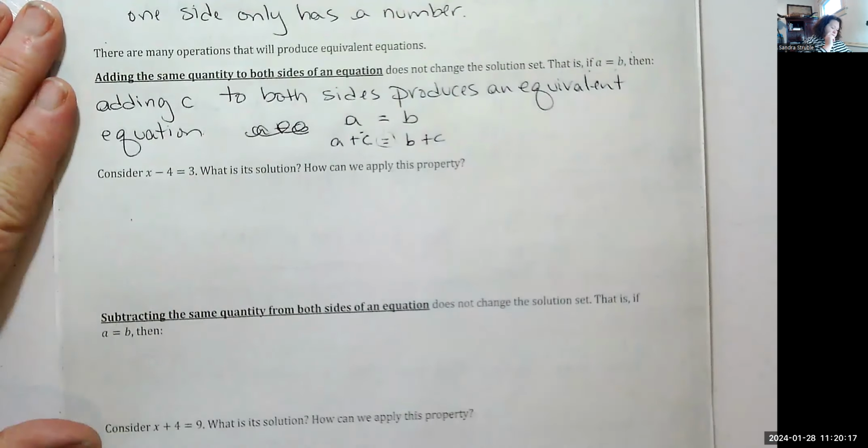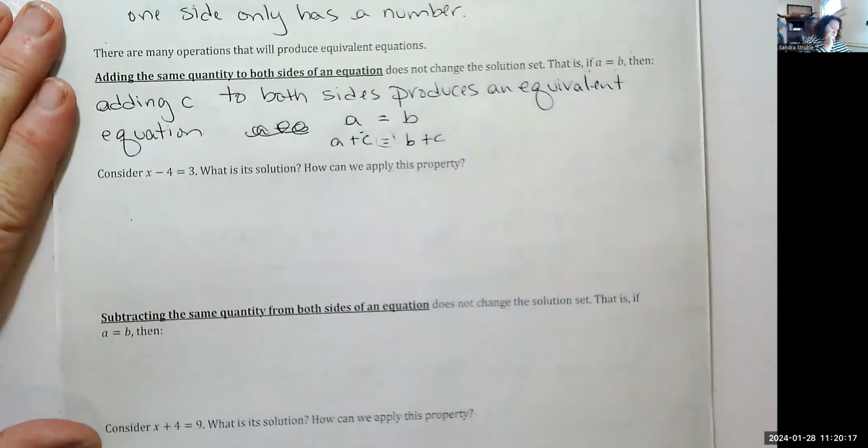Okay. In order to get x isolated all by its little lonesome on one side, we have to get that subtracted 4 away from the x. The only way to get rid of a 4 that's subtracted is to add 4. And when you do that, negative 4 plus 4 is 0. So that leaves me with just x on my left side plus 0. But I can't just add 4 to the left side of the equal sign.